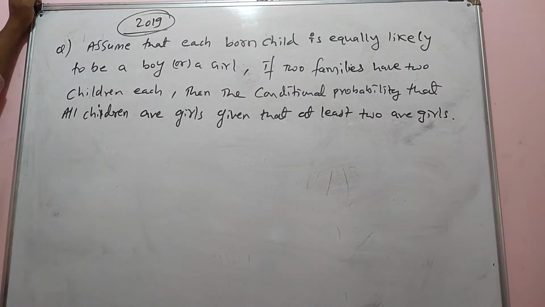The question is, assume that each born child is equally likely to be a boy or girl.